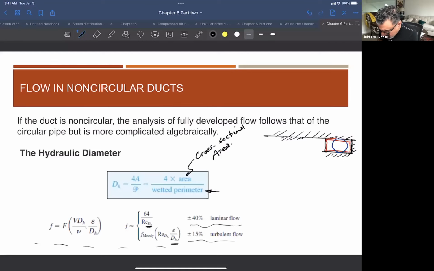And this confirms what you said, that a non-circular duct will have a higher friction factor, okay? To find this hydraulic diameter, you just need 4 times the cross-sectional area. So imagine you have an area like this.